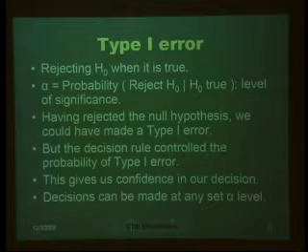However, although I can't tell you for sure that I'm right or wrong, I can tell you for sure that the probability that I'll be wrong would be 5%, for example. So alpha is the probability of type 1 error, the probability of rejecting the null when the null is true.